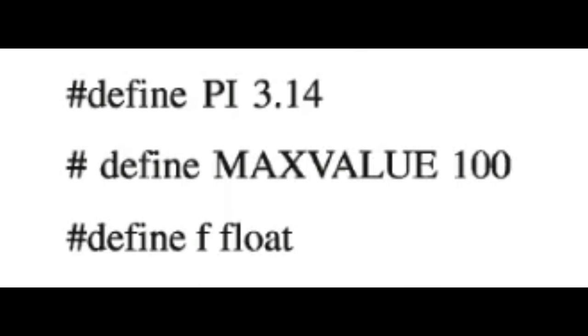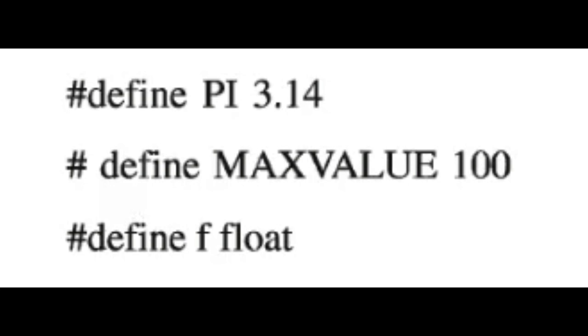Now since this is called a preprocessor directive, hash, the preprocessor directive statement instructs the compiler that the occurrences of the symbolic constant used in the program should be replaced by the constant values specified in the definition. So when we run our program, we compile it first with the GCC command.